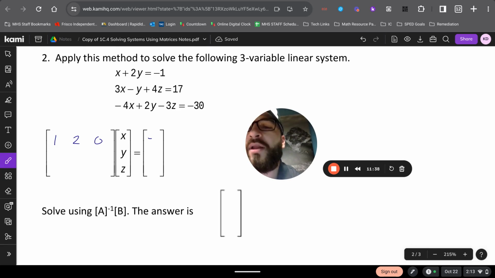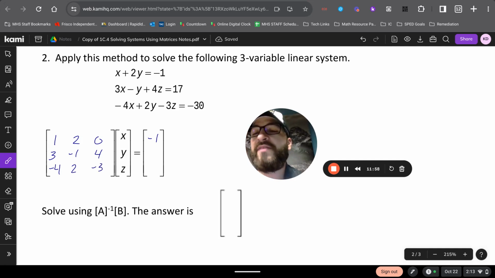Then -1 over in our constants matrix, and then 3x, -1y, and 4z. So 3, -1, and 4. And then -4x, 2y, and -3z. So -4, 2, and -3.